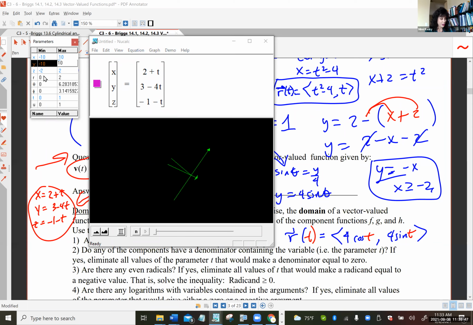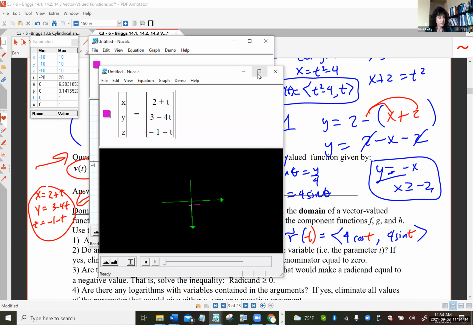Maybe I'll get a little bigger portion of my line in space. Let's see if it'll do it for me. Ah, there we go. Oh, no. Okay. Let's see if it'll work for me here. Nope, now it's going back to only a little tiny piece. Oh, bummer. I'll have to play around with this a little bit.